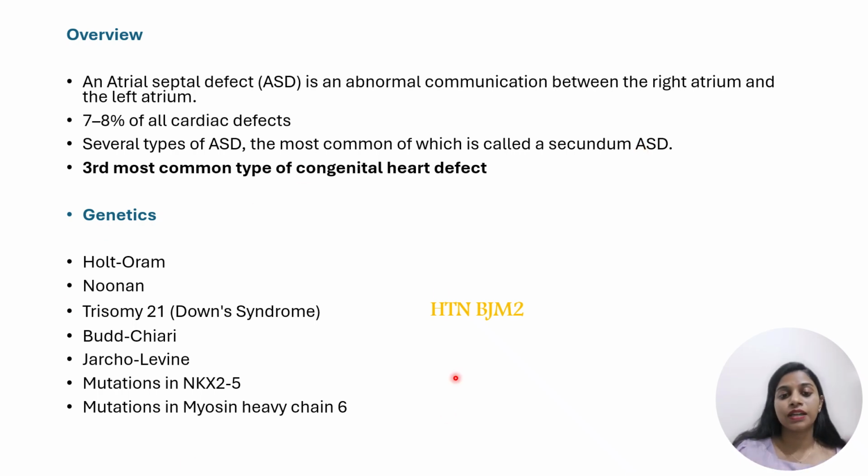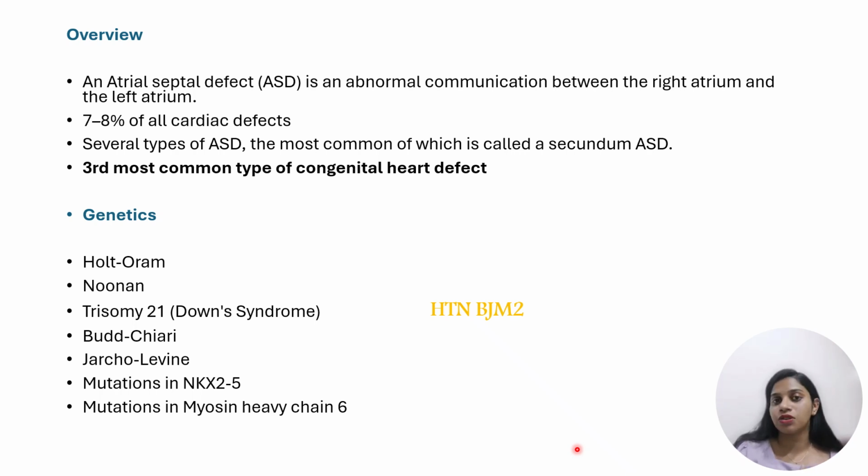So what are the syndromes? Holt-Oram, Noonan, trisomy, Bucharest-Jacobsen... Buchiari-Jakulevine, mutation of NKX2, and mutation of myosin heavy chain 6. Mainly the cardiac sonographers who are doing an echocardiography exam in a patient, if the patient has any of these syndromes, the chances of ASD are very high.